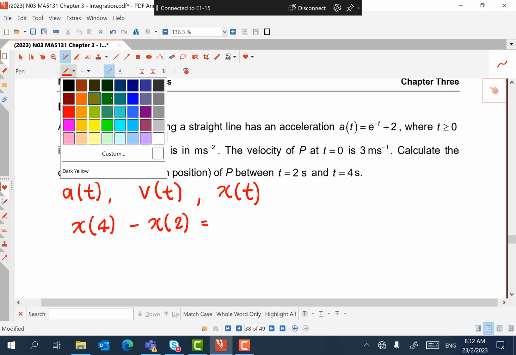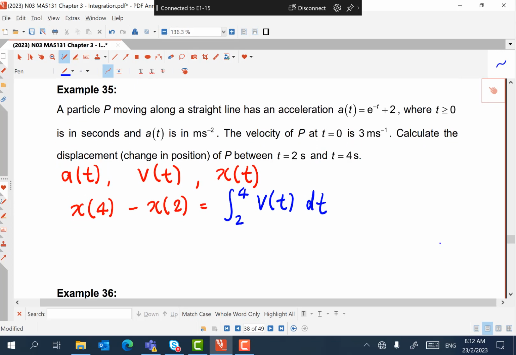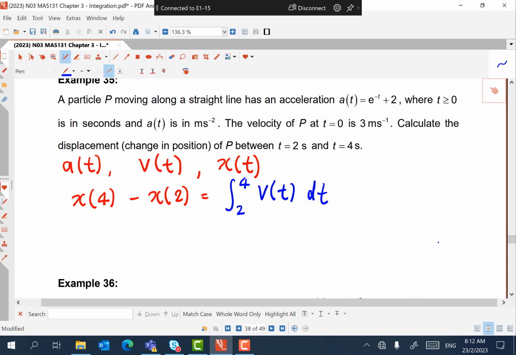Using the first theorem, given that velocity is the differentiation of displacement, this thing can be written as the integral from 2 to 4 of the velocity. And that naturally leads me to try to work out the velocity. We need the velocity expression. How do you find the velocity expression?